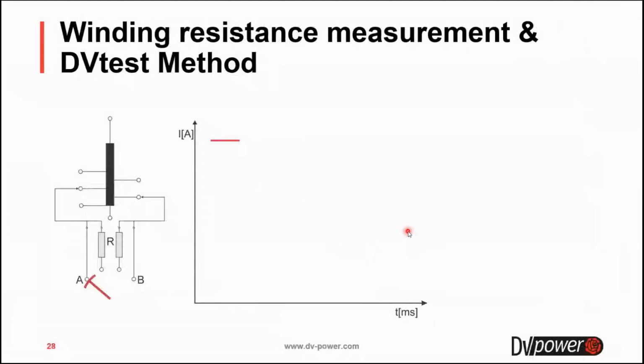Now I will go through one tap changing process. At the beginning, when we press up or down on regulation or OLTC, this will happen. When the moving contact moves from point A to R, current will drop. The next position we notice on the graph is when the moving contact short circuits these two resistors.